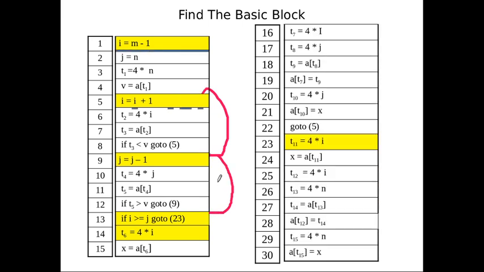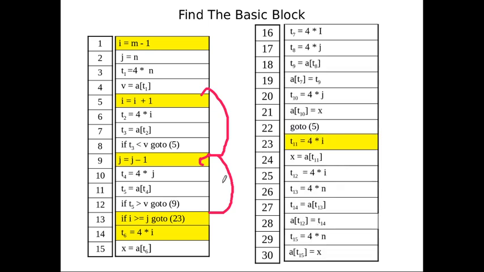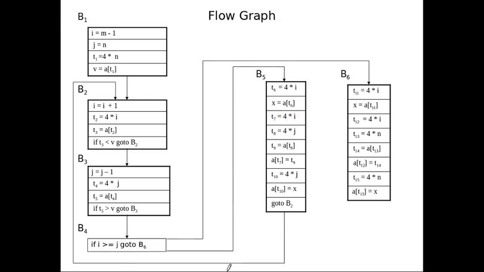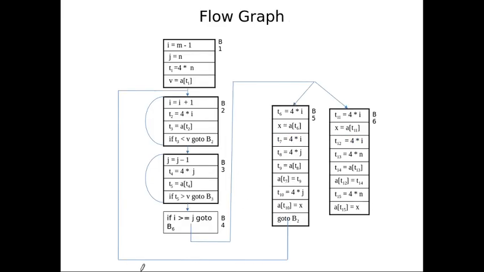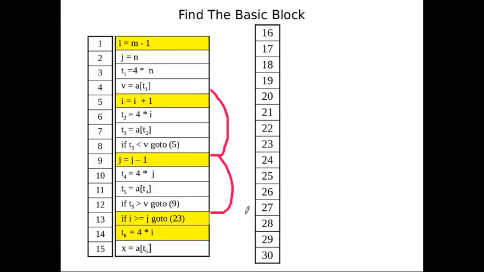So block 3 can be repeated itself. Now think about block 4. What is the block 4 last statement? It is go to 23.